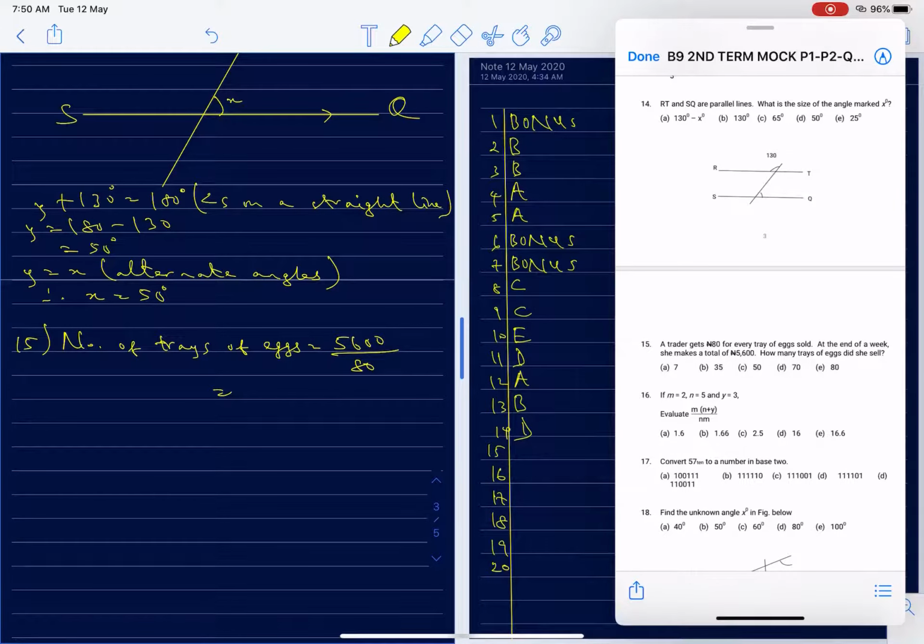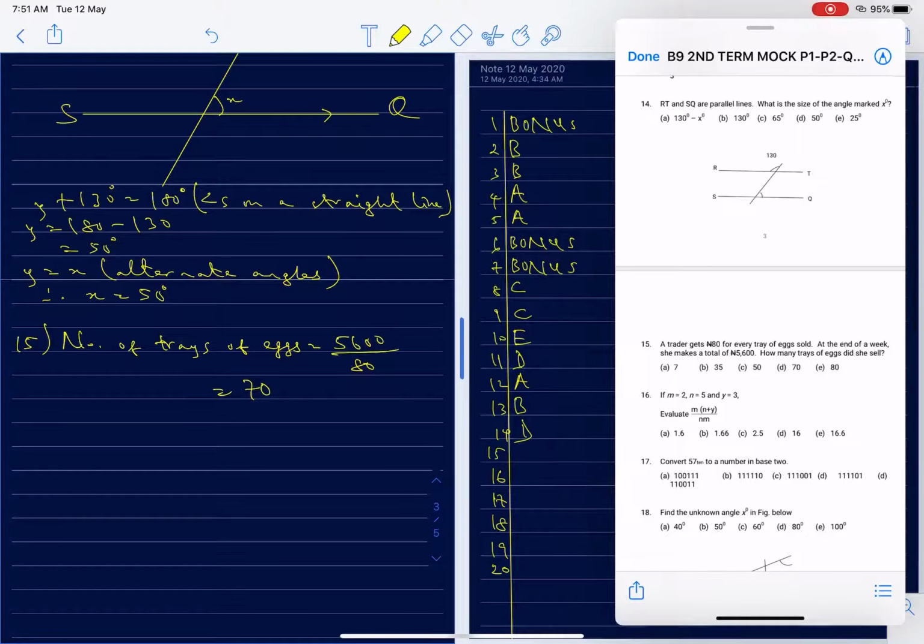And that's going to be 0 cancel 0, 8 into 56 is 7. That's 70 trays. That means she sold 70 trays of eggs. That's D. Number 15 is also D.